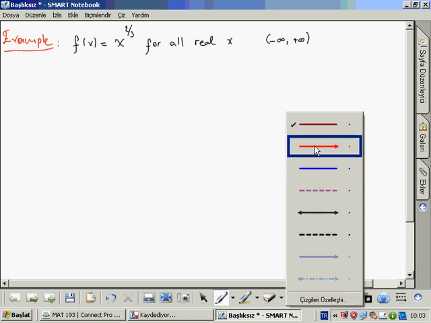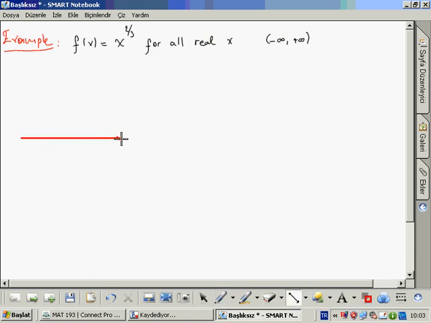If you try to sketch this function, you will obtain approximately a curve like that.